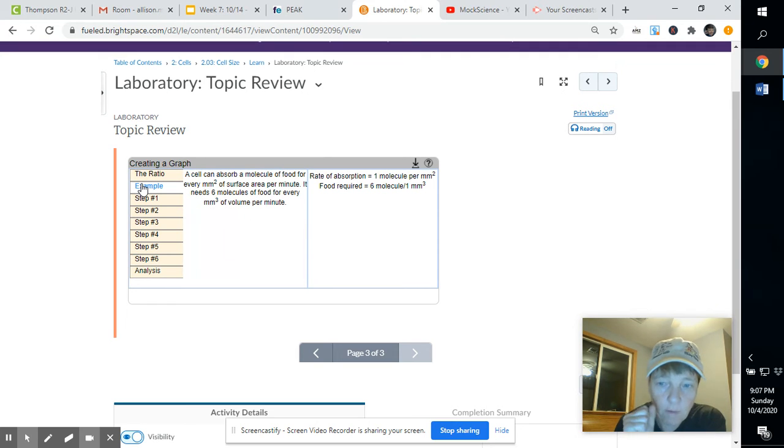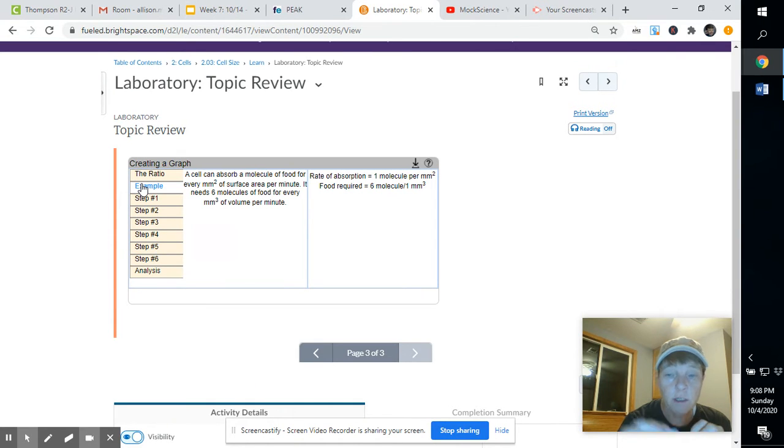So for example, a cell can absorb a molecule of food for every millimeter squared on the surface area. So if you have this one and it's 2 times 2, so it's 4 millimeters squared, because 2 millimeters times 2 millimeters is 4 millimeters squared. But it can absorb a molecule of food for every millimeter squared per minute.